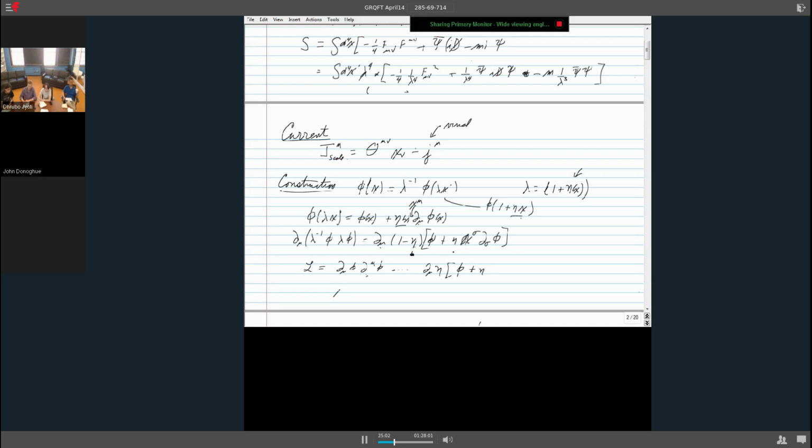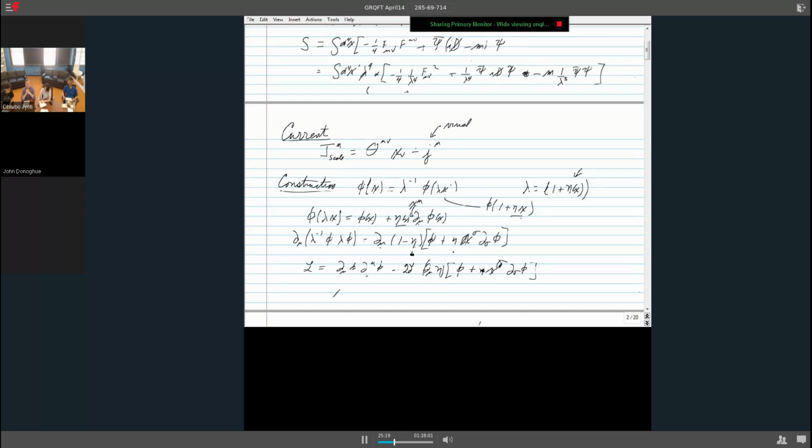So now when I take the derivative, I get both pieces. When I'm taking the variation of this Lagrangian, I get terms that are like before.